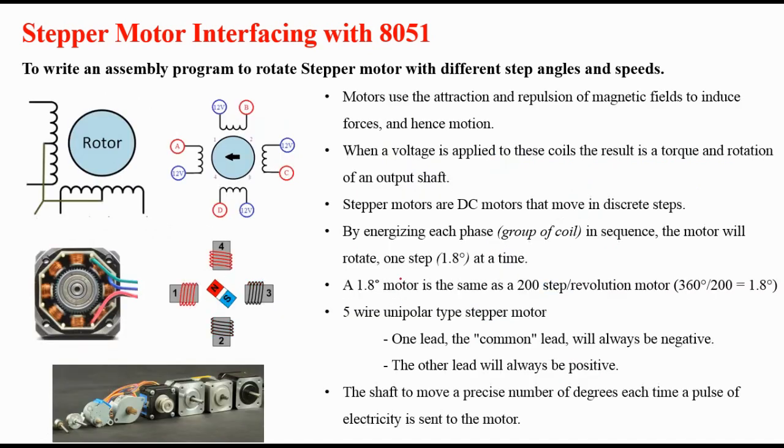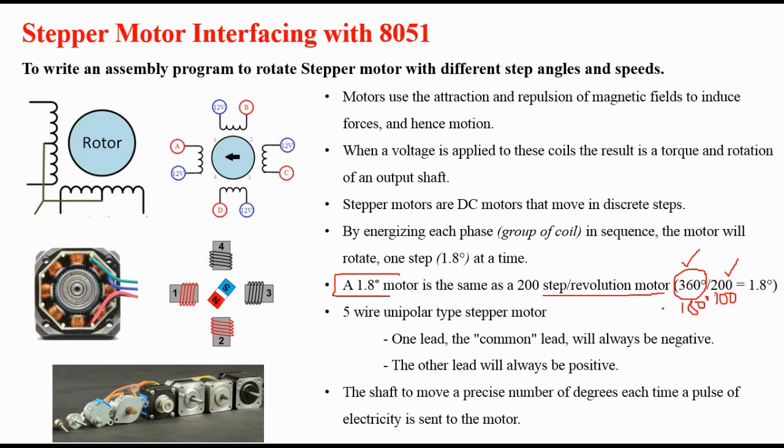We have studied a 1.8 degree motor is the same as a 200 steps per revolution motor, right? So 360 degrees divided by 200, you will get 1.8. It means for 200 steps, the motor completes 360 degrees, and if we make it half, for 100, it will obviously go up to 180 degrees.